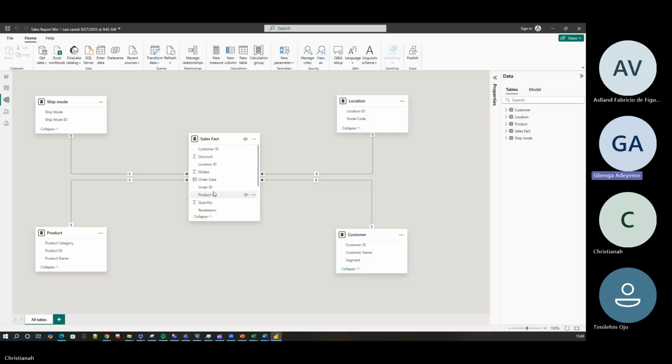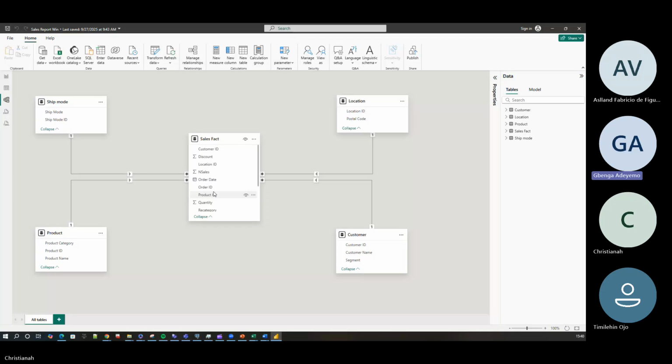Having a snowflake schema in your Power BI data model might affect the performance optimization of your report.